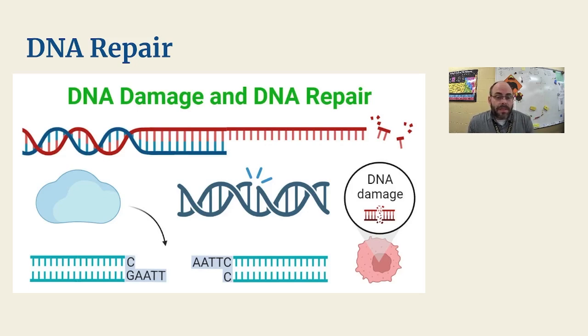It's kind of built into the way that they work. And so during replication, there are several enzymes that do some checking, and if there is a problem found in the A's, T's, C's, and G's, those particular sections can be cut out and gotten rid of.